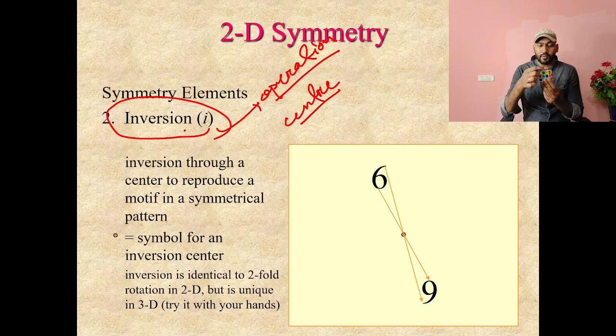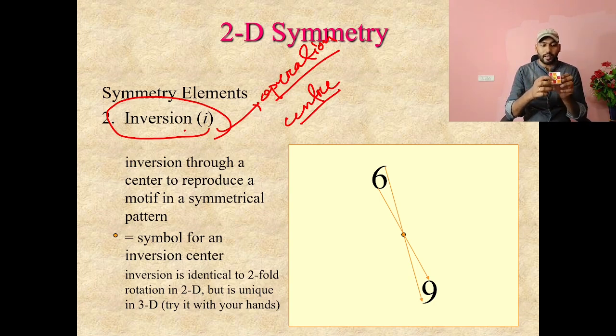If we are talking about one edge, with respect to the crystal center, opposite to it we should have another edge. Then we will say that the center is showing symmetry, or the crystal has a center of symmetry.